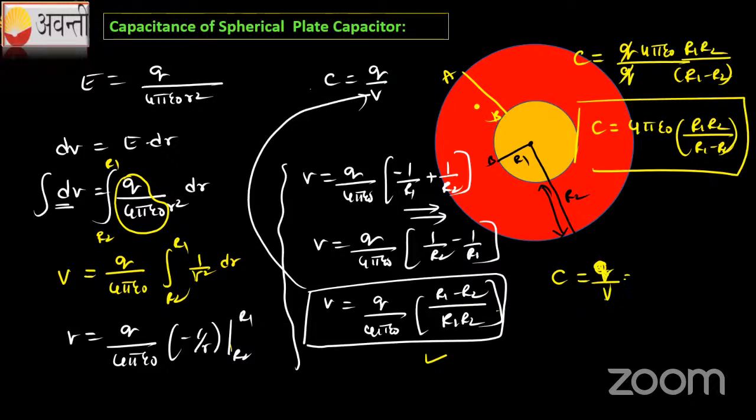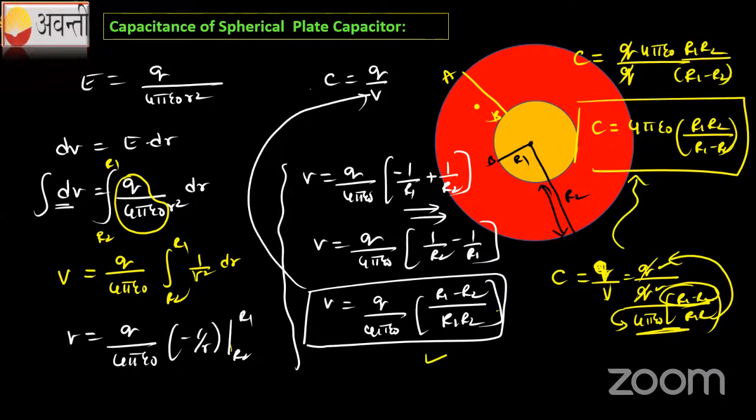If I'm going to substitute V, Q divided by V, क्या है देखो, Q divided by 4 pi epsilon naught, इधर R1 minus R2 divided by R1 R2. Q cancel. This is numerator, this is denominator. Denominator में R1 minus R2 है. This is denominator of the denominator. These things will come to numerator. Okay, when these things come to numerator, equation will become in this format. Clear now? We'll go further.